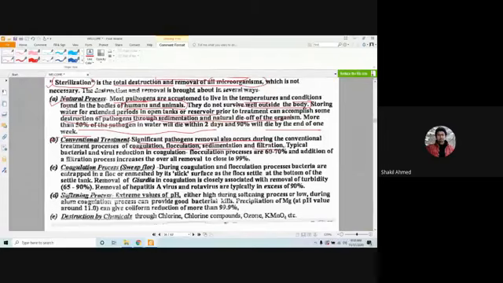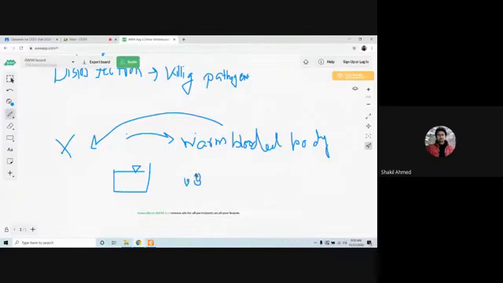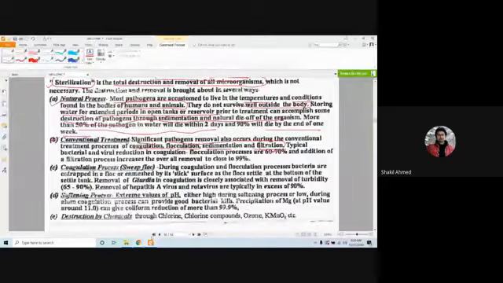Even in coagulation and flocculation, we have a floc which is formed by the aggregation of smaller particles, and this is sometimes gelatinous, and bacteria get absorbed in this and are thus removed.